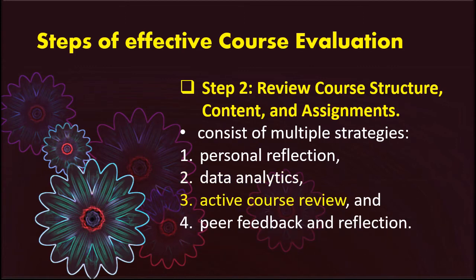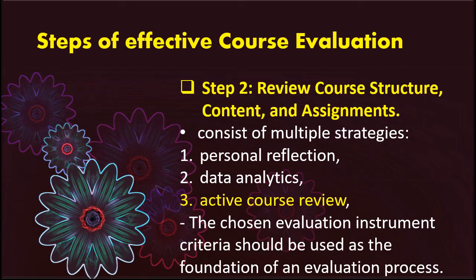The third strategy of step 2, the review of course structure, can be the active course review. In this strategy, the chosen evaluation instrument criteria should be used as the foundation of an evaluation process, whether this instrument is prepared by the faculty themselves or chosen from the internet, from the different sites that give guidance.